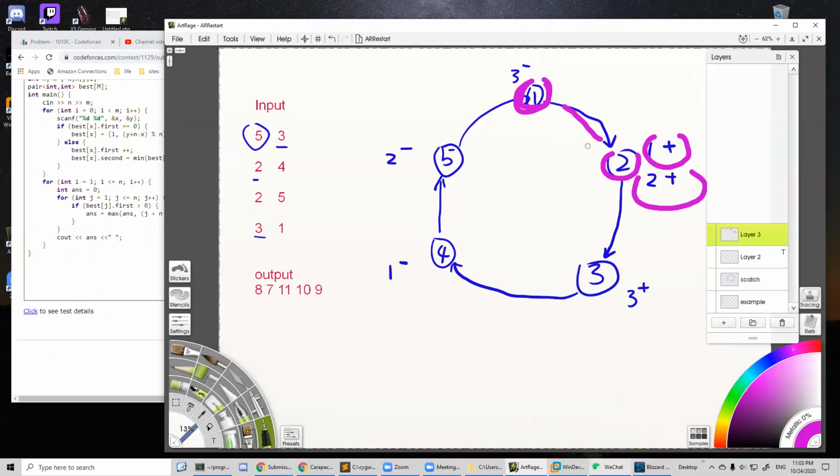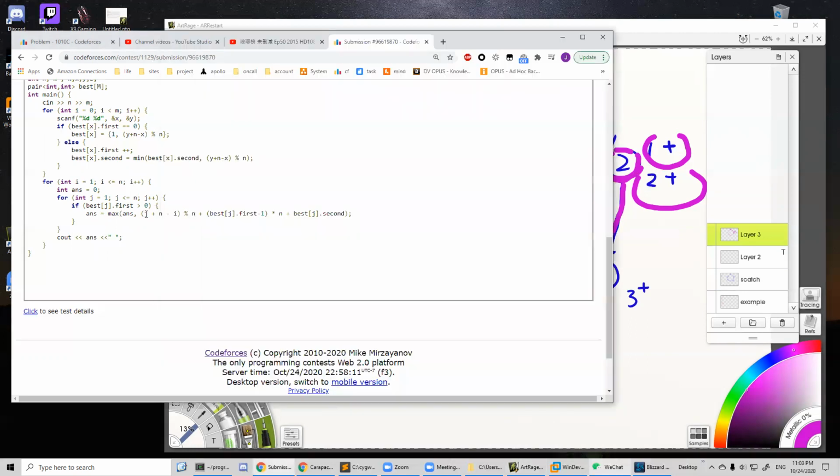So we move from here, here, here, here, and reach the target station.